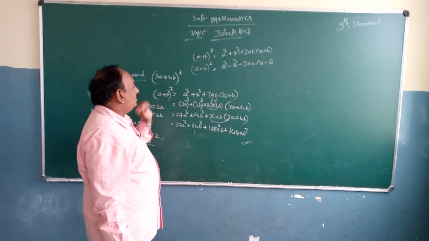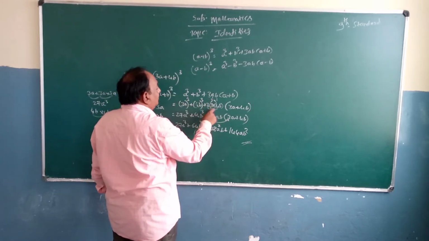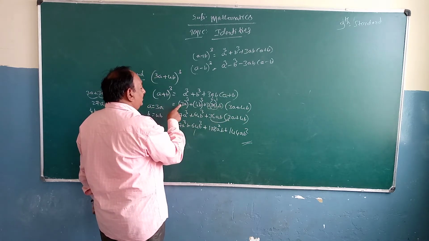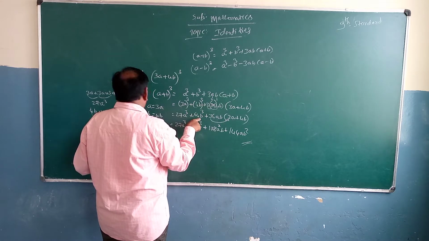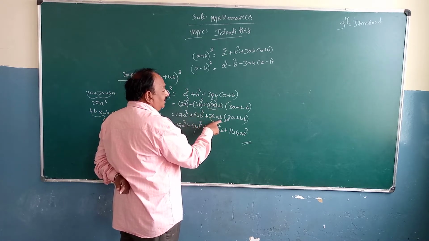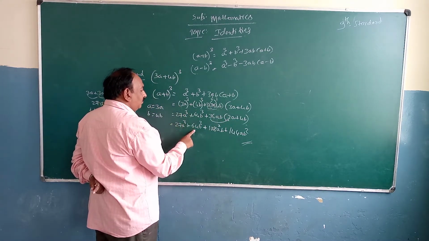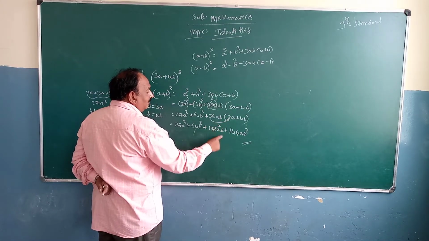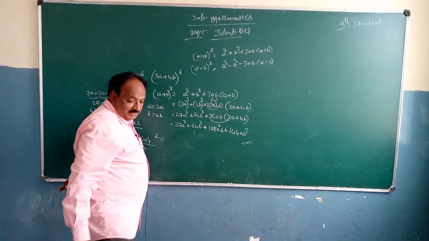A is 3a whole cube, b is 4b whole cube, 3 into the value of a, 3a, b is 4b, into 3a plus 4b. 3 3s are 9, 9 3s are 27, 4 4s are 16, 16 4s are 64b cube. 3 3s are 9, 9 4s are 36ab into 3a plus 4b. 27a cube, 64b cube, 36 3s are 108, a into a square b, 36 4s are 144, a as it is, b into b square.